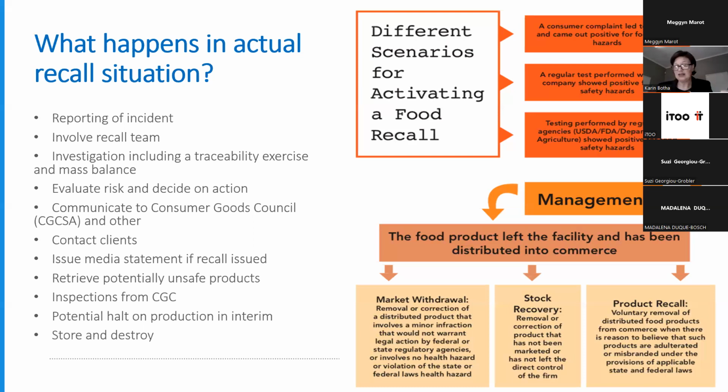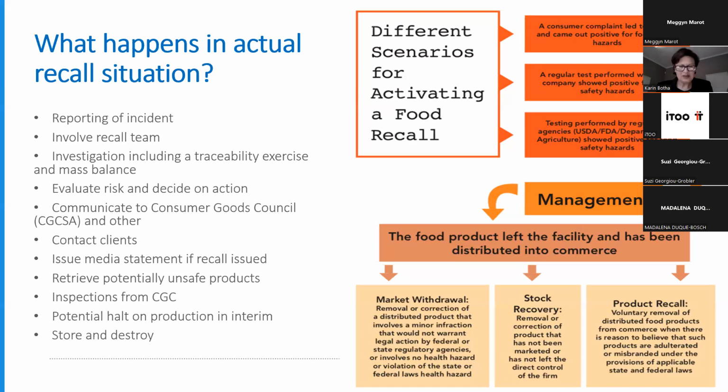Sometimes if it's a quality issue, just a brand or marketing issue, you can just remove or withdraw the product. Otherwise, if it's a food safety or other more serious situation, you must do a recall. But you need to decide on which action to take. And then also you need to obviously contact your clients.